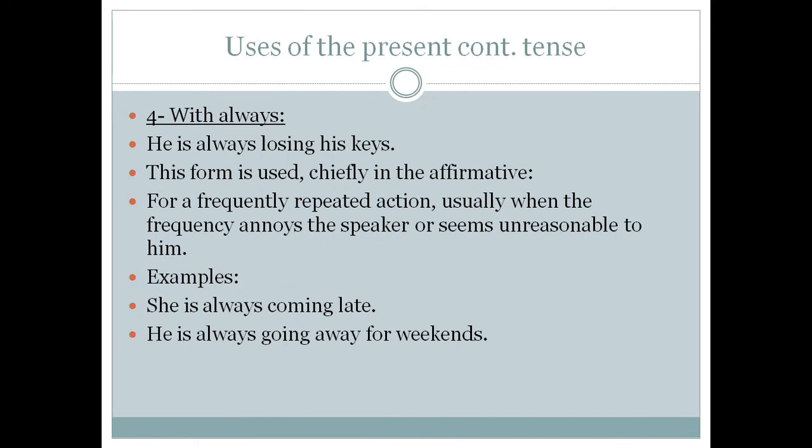Now, uses of the present continuous tense with always. Always can be used with the present continuous tense, and it is always used with the present simple tense. When we use always with the present continuous tense, we say he is always losing his keys, she is always coming late.